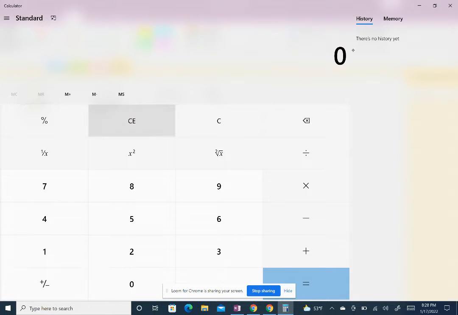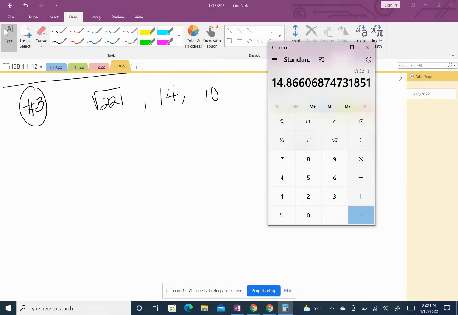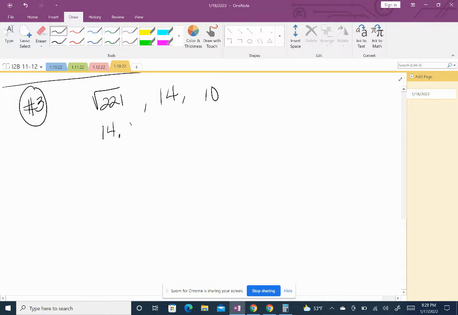Oh, sorry, 221. There. Oh, that's why it was blocking it. Okay, so it's 14 point something. Let's just do 14.9, let's keep it simple. So it's about 14.9, 14, and 10.